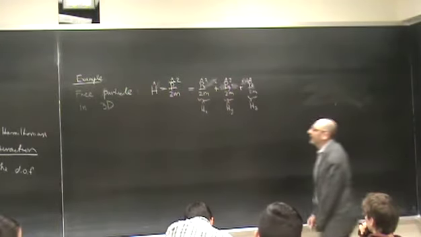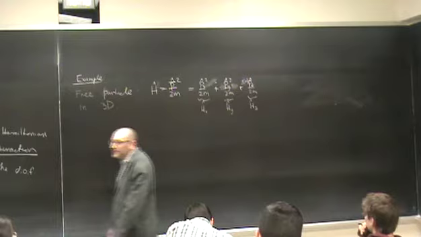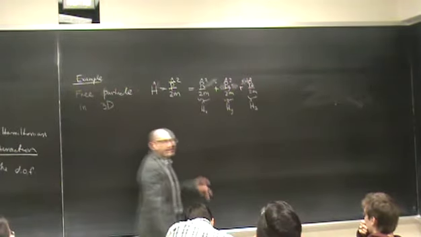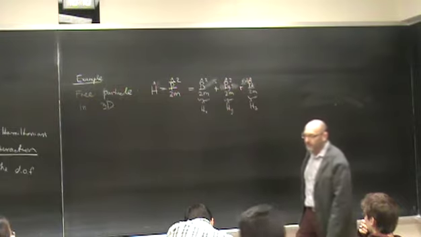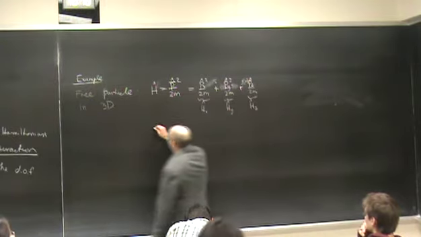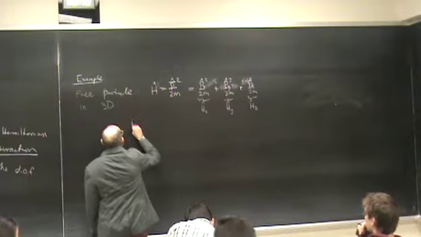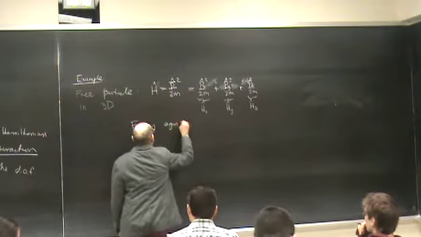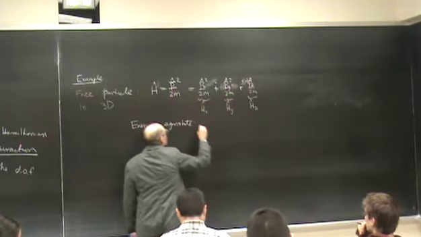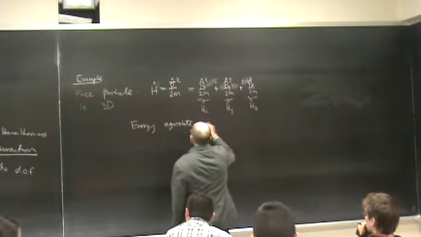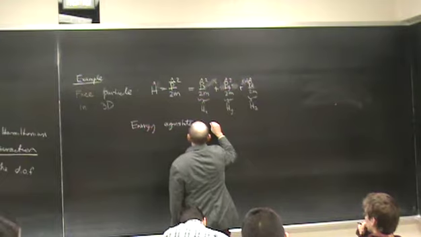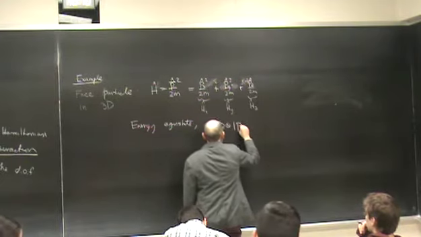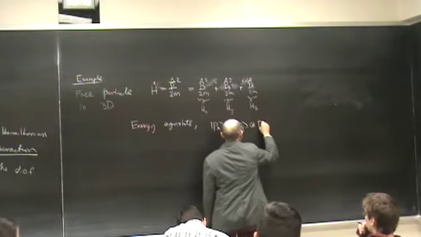Okay? And the joint eigenstates of the system are just the product of the eigenstates associated with those degrees of freedom. So I can write an energy eigenstate as px tensor py tensor pz.